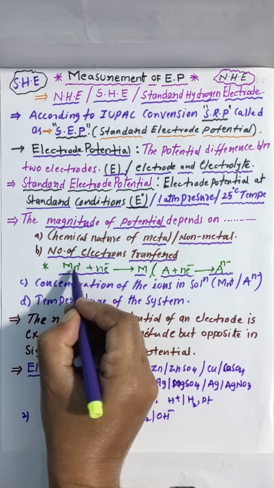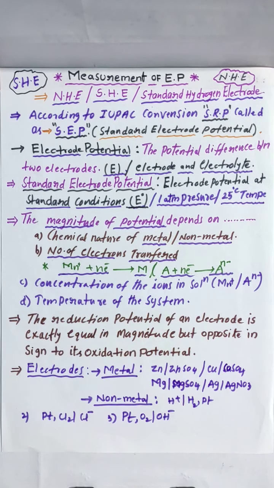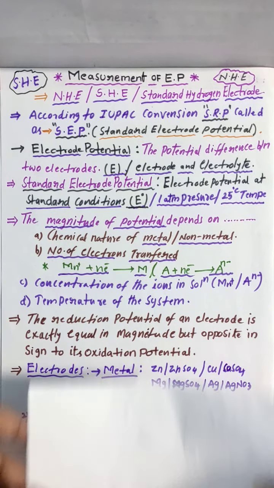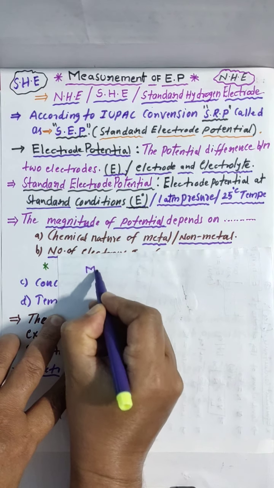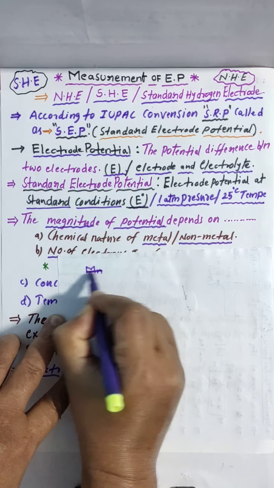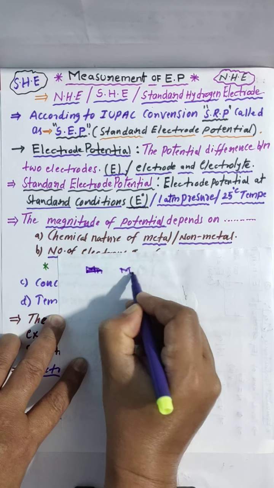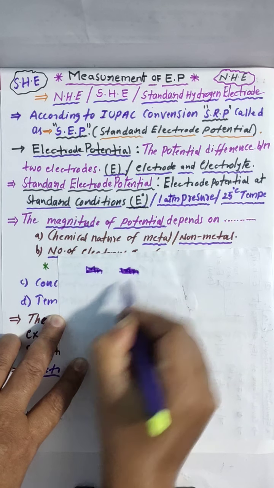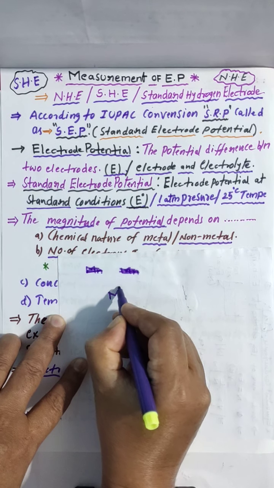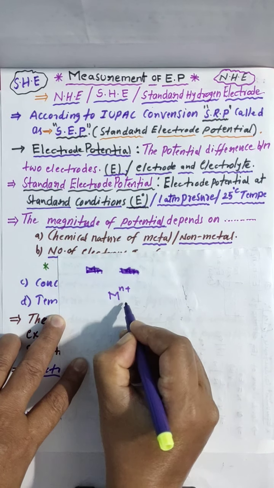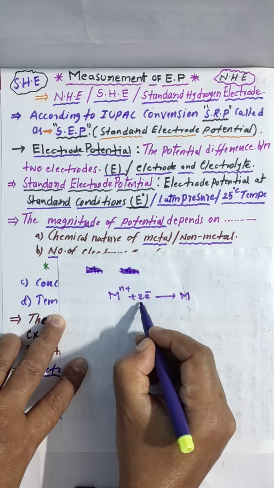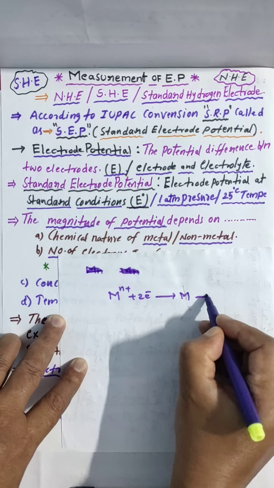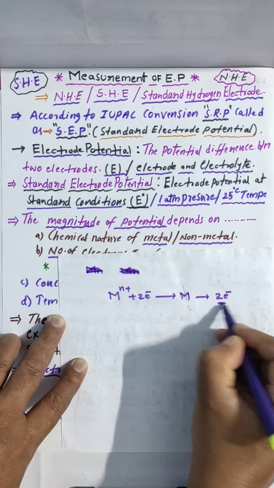For example, take any metal with N plus charge. It takes 2 electrons, converting into metal. How many electrons transferred here? 2.